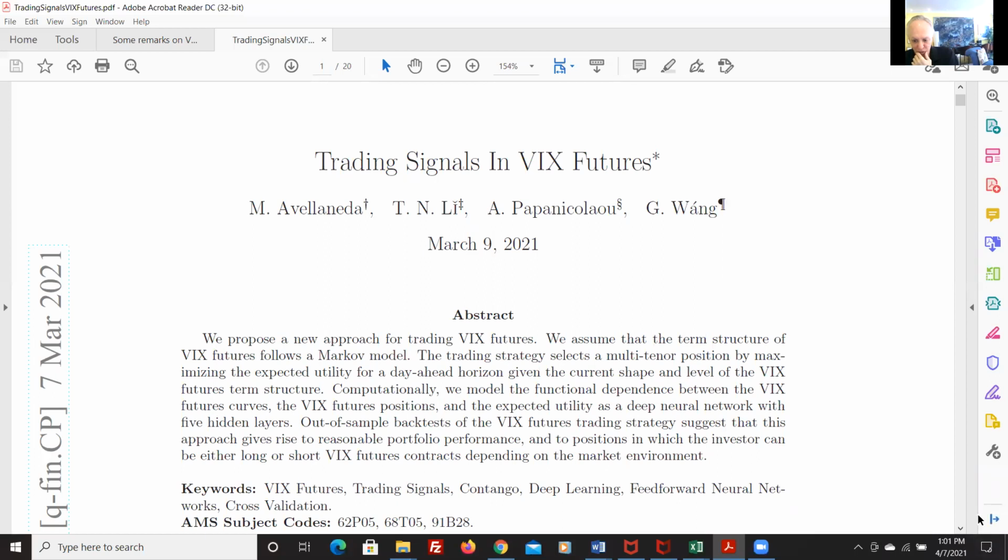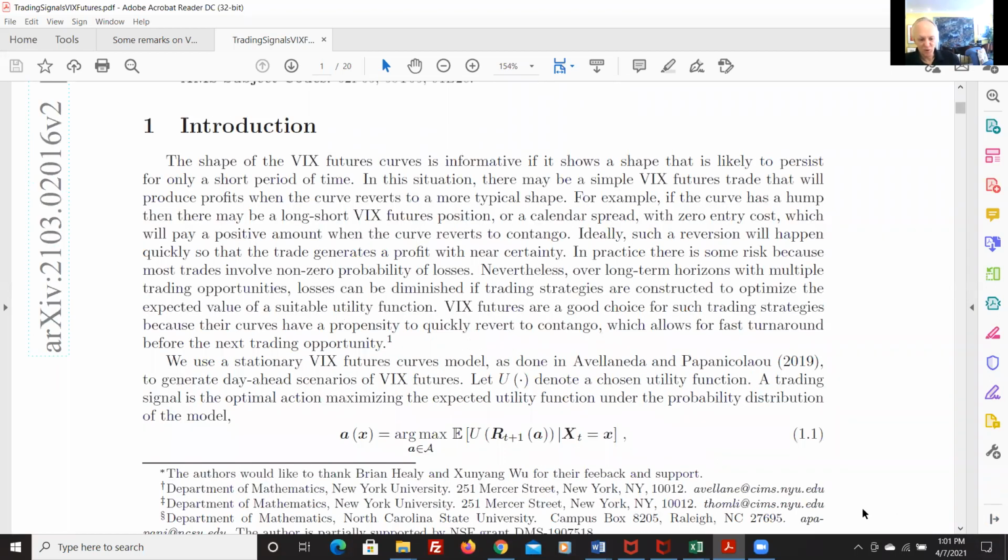Okay, so moving on, we are going to introduce this paper. Let me skip this part. The idea is that the shape of the VIX futures curve is informative. It shows that its shape is likely to persist only for a short period of time, in other words, that it's going to revert to something else.